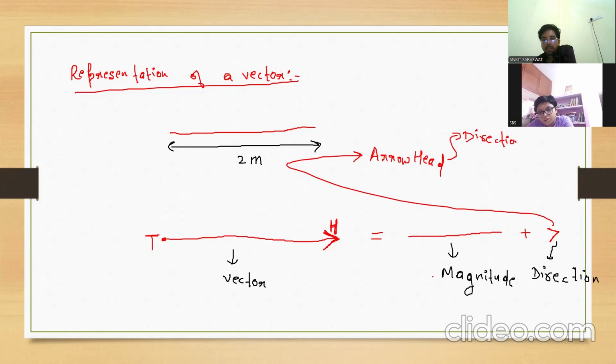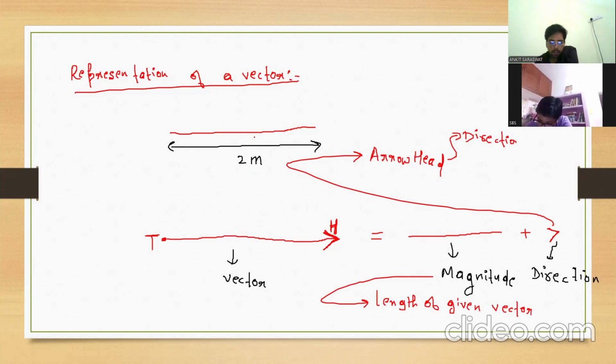And who is giving the magnitude? The length of the given vector. Here you can see 2 meter. 2 meter is the length of the given vector. Is it clear?